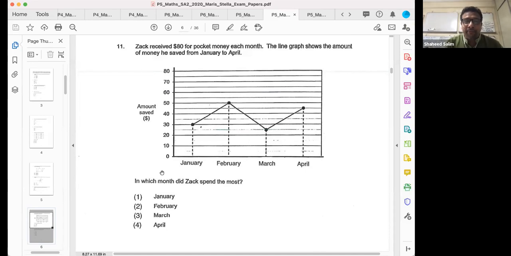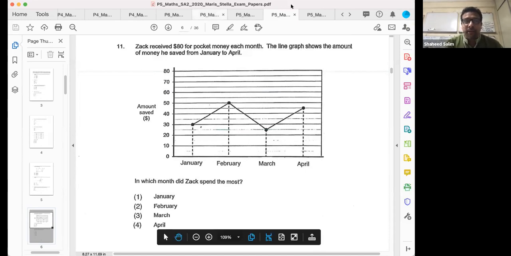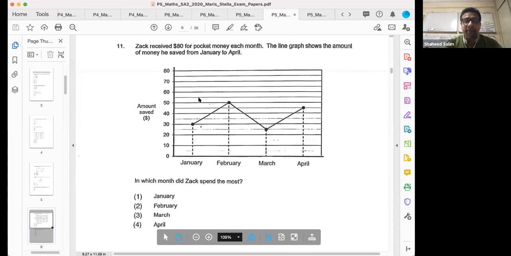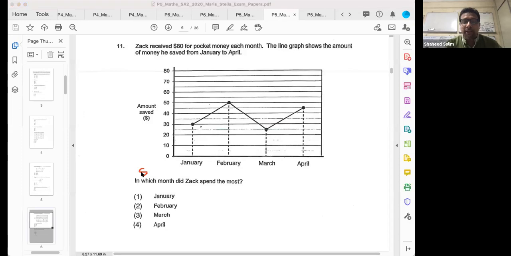Most amount saved. So let us try. Well done. What is the amount spent, right? So how to get spent? Let us do step by step. Amount of money saved is 30. So how much is the amount of money spent? Read carefully. You get pocket money, $80 every month. So if he saves 30, that means spend 50.